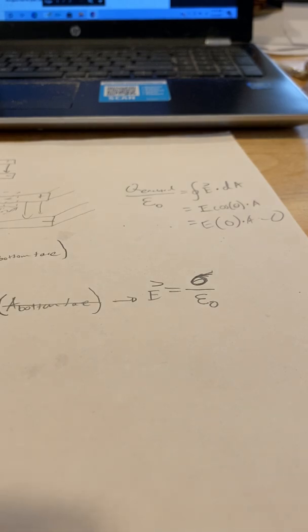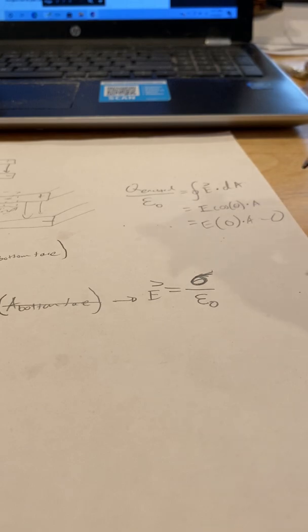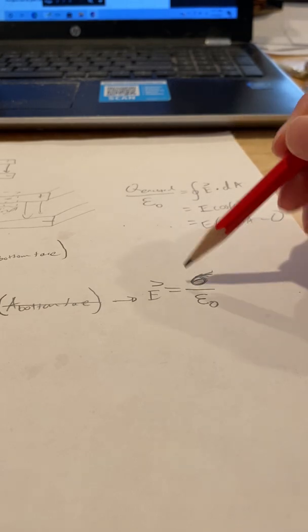Okay, so determine the magnitude. All right, so assuming this is free space, and given the charge density per unit area is that Greek symbol, the electric field at any point between the two plates is this.